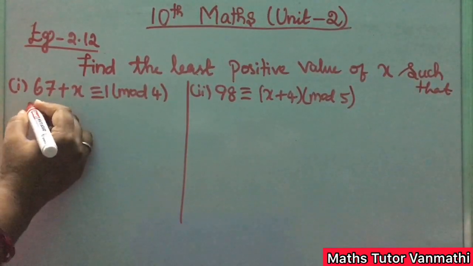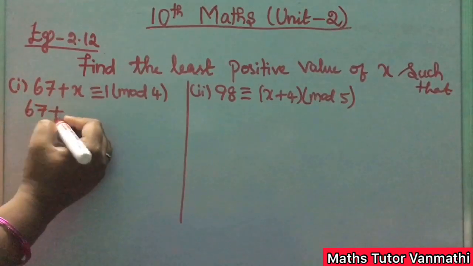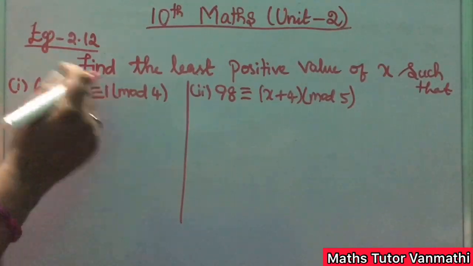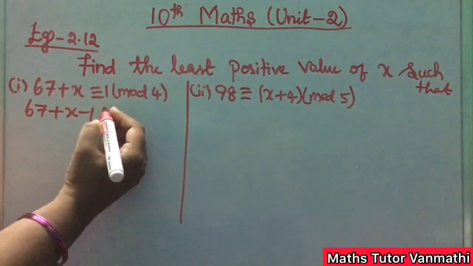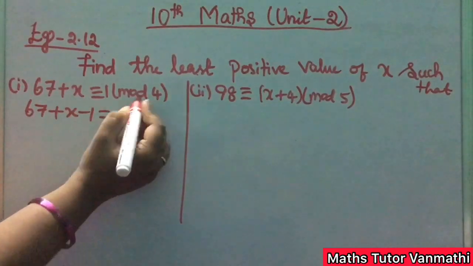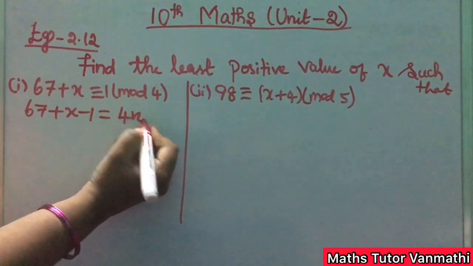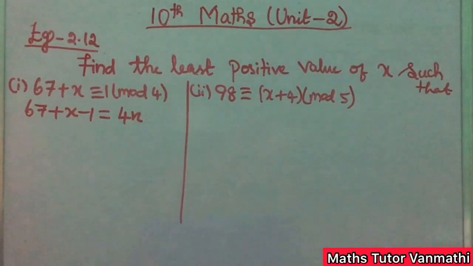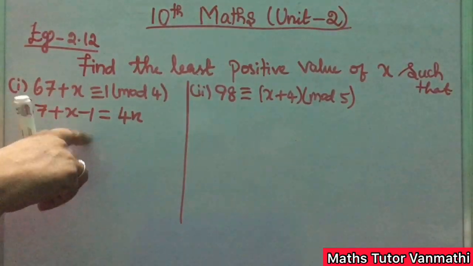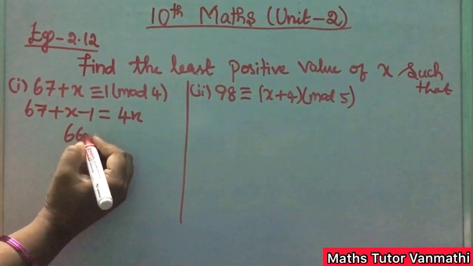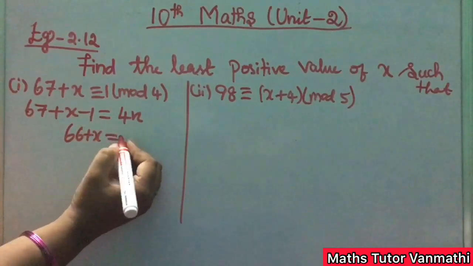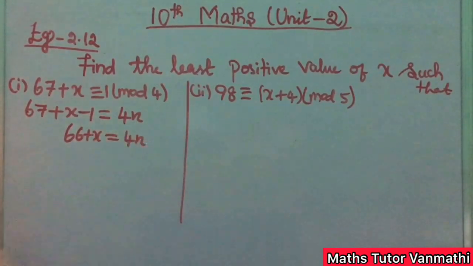This can be written as 67 plus x, and this remainder 1 will come to this side as minus 1, which is equal to this modulus 4 written as 4n. And here 67 minus 1 is 66 plus x equal to 4n.